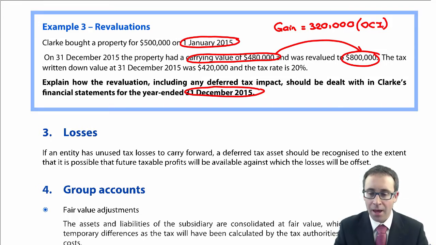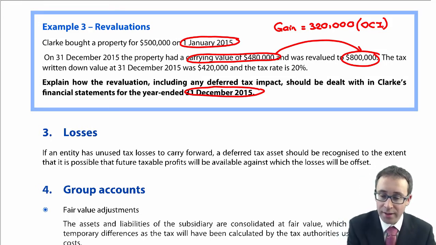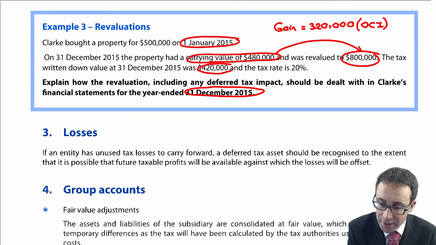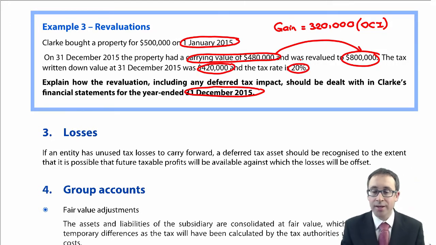We're then told the tax written down value was 420, and the tax rate is 20%. Now that's where the deferred tax starts to come in, because the carrying value now is 800,000. The tax authorities ignore whatever crazy accounting rules you have, so they leave their tax written down value at 420.